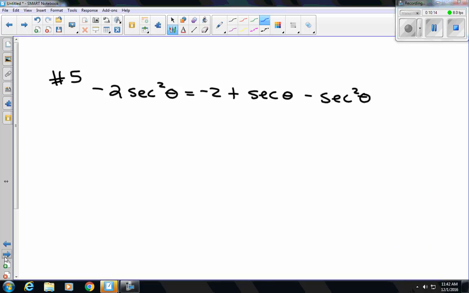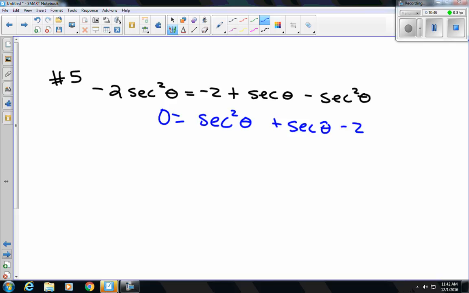Okay. Is there a potential to factor here? Yeah, but I need to do some moving first. So what makes sense? Move the -2 secant theta to the right. So I get 0 equals, let's put it all in the correct order, in descending order right away. So what would I get first? Secant squared theta plus secant minus 2.